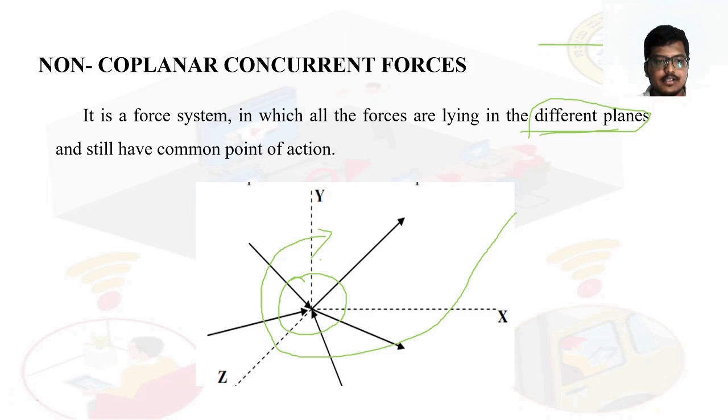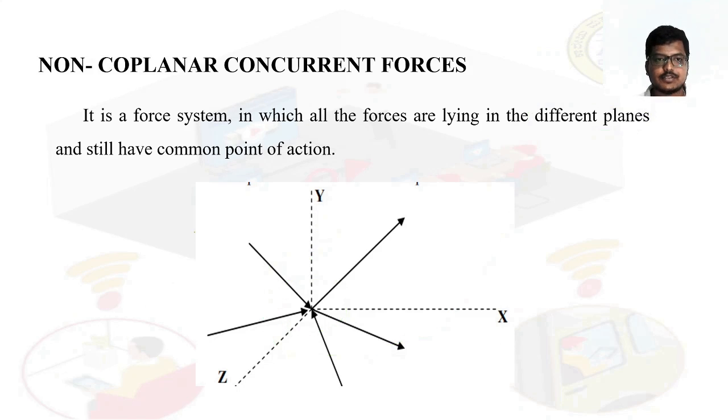So non-coplanar concurrent forces. It is a force system in which all the forces are lying in different planes and still have a common point of action. Here all the forces are lying in different planes. In the xy direction also you can see forces, and in the xz plane also you can see forces. Here one force is there, here also one force, and here two forces are there.